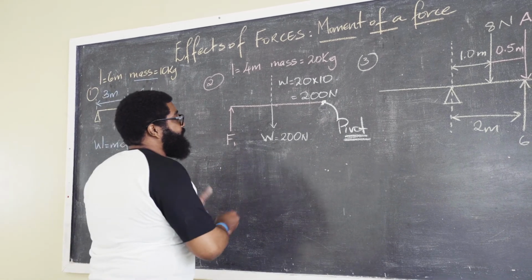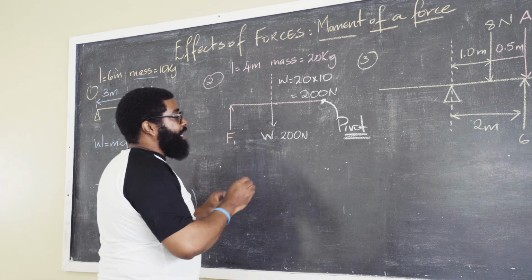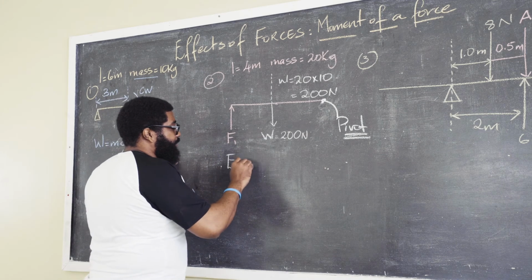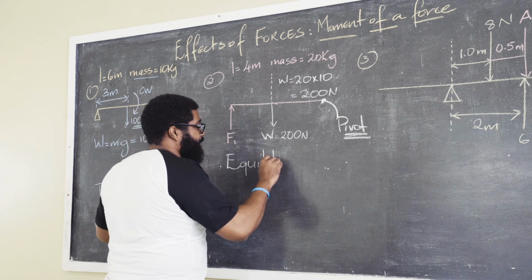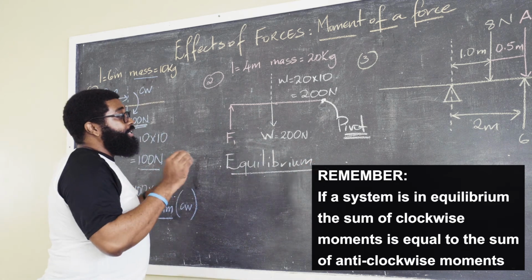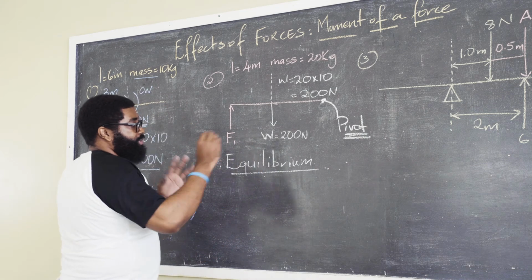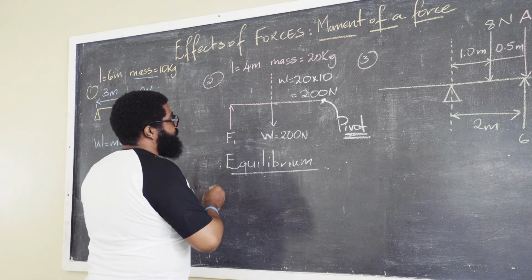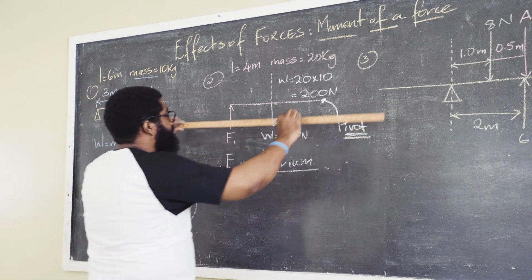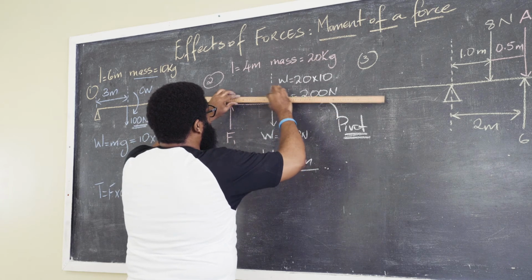Now, what it means is that I only have two forces, this and this. The assumption you'd have to make is that this system is in equilibrium. And if it's in equilibrium, your clockwise rotational moments equal your anti-clockwise moments. So again, let me put it this way so you can see.